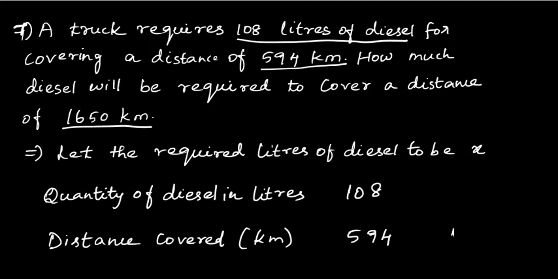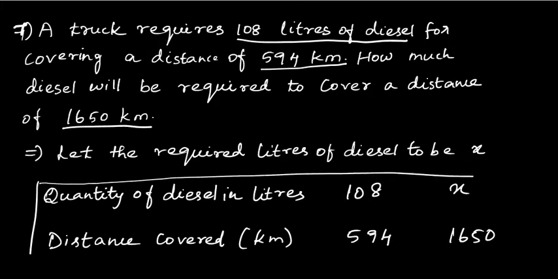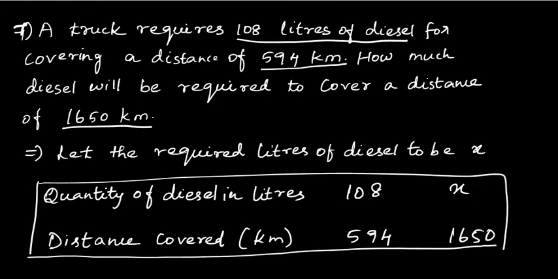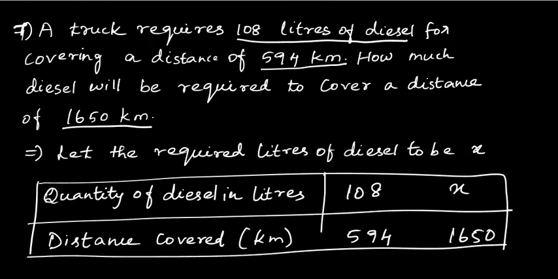So to cover a distance of 1650, how much diesel will be required? So that value we have assumed to be X. As the distance increases, fuel quantity also increases. So which shows that they are in direct proportion.